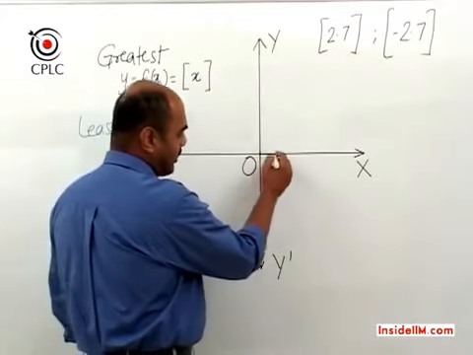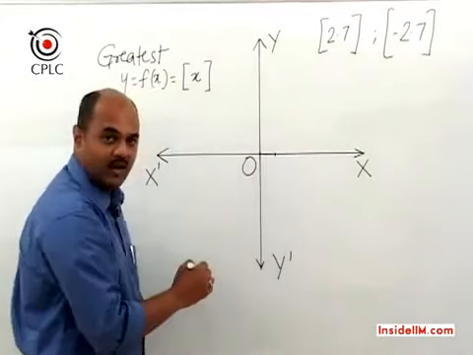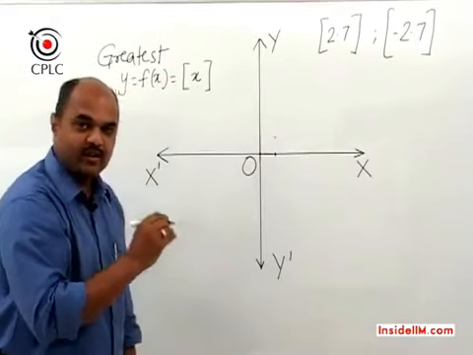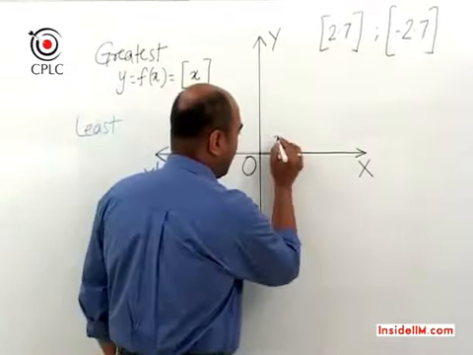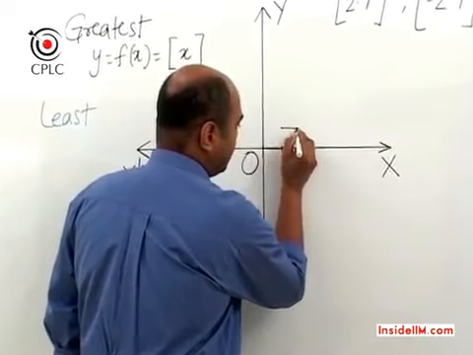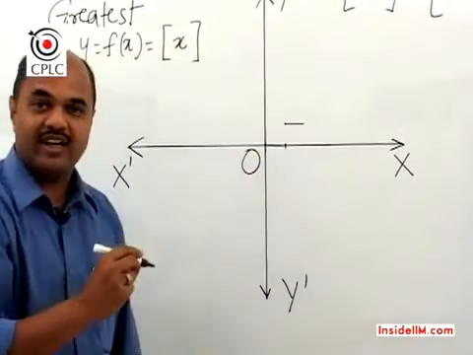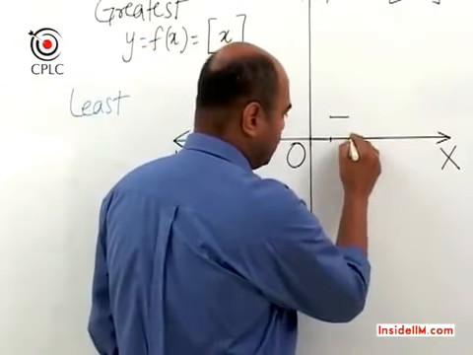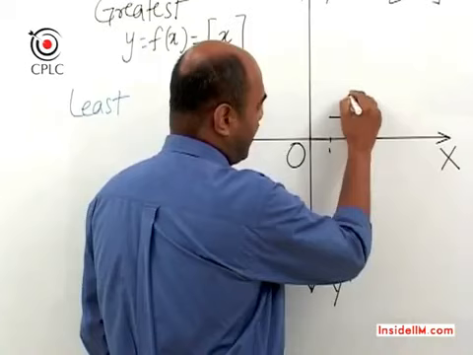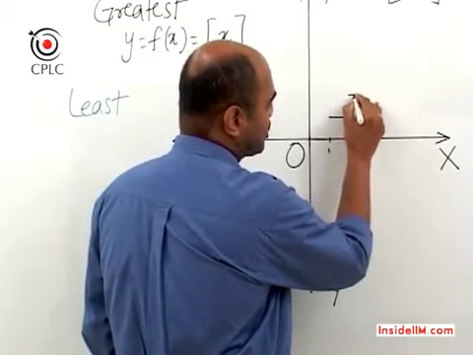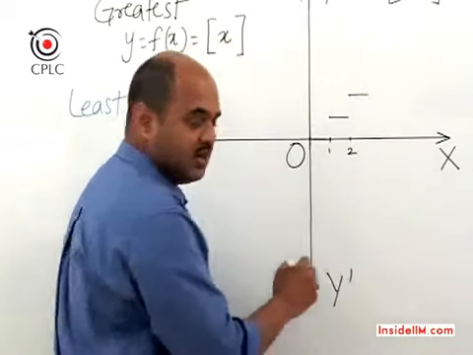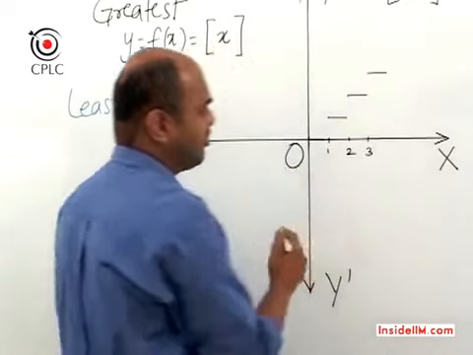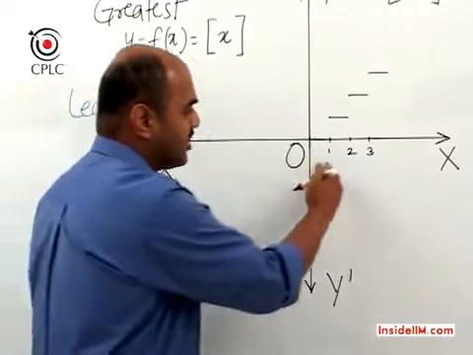The moment x becomes 1, the value of y would also become 1, and then the value of y would stay at 1 till the value of x becomes 2. The moment x becomes 2, the value of y would become 2 and it would stay there till x becomes 3, and so on, and hence this is the kind of graph that we would get for positive values of x.